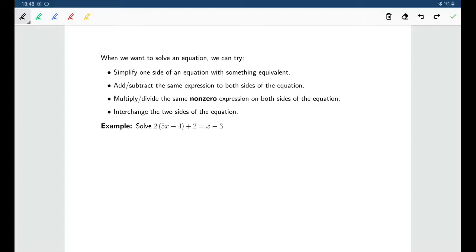So if you were solving this equation, you could say, well, I'll simplify the left side by first expanding 2 times 5x minus 4. And then maybe you might, again, simplify by replacing with something that's equivalent. Negative 8 plus 2, that's negative 6.